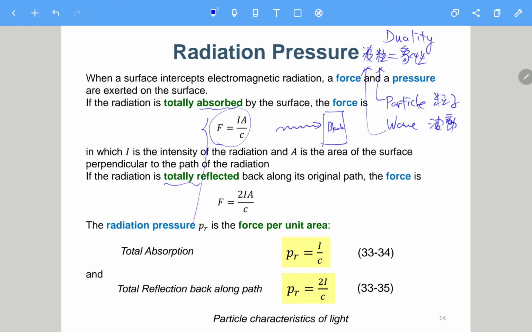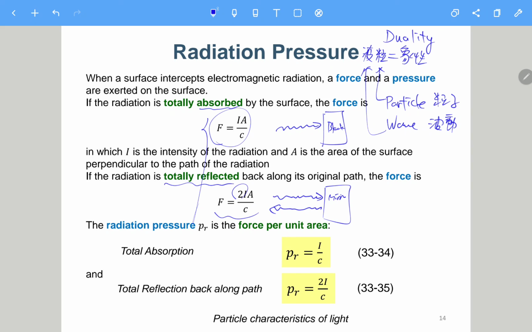And if this is totally reflected, maybe it's just a mirror. Then when the wave is shooting there, a wave with the same power is transmitted backward, and the force will be double.